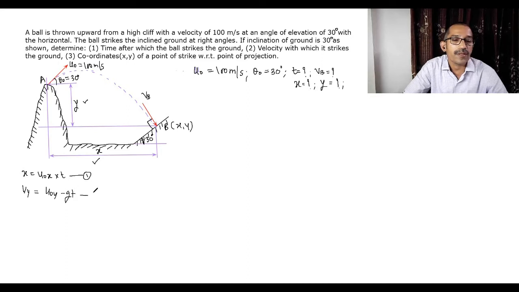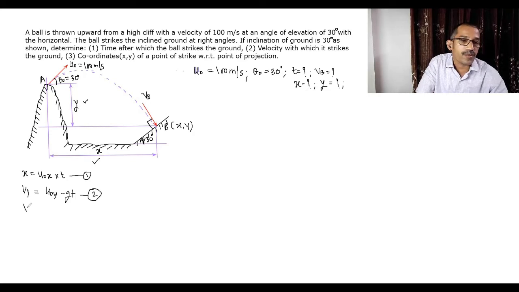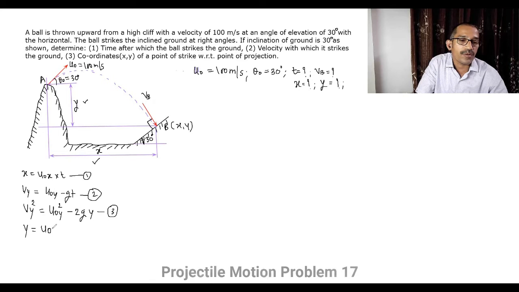Then the next equation, again in terms of velocity, is vy square equal to u0y square minus 2gy. This is equation number 3. The fourth equation is y equal to u0y t minus half gt square.